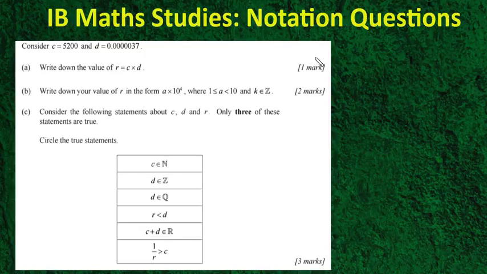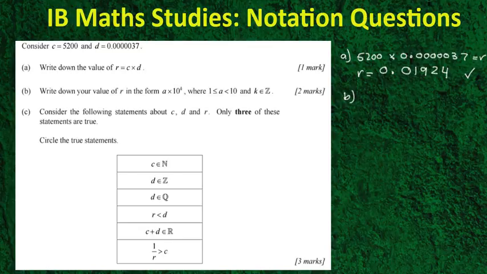So for A, we're doing our 5200, and we're multiplying that by 0.5037, and that's going to equal what my R value is. So if I check the calculator, press equals, we get 0.01924. So it says write down the value of R. We have done that. That's our first part of the question.